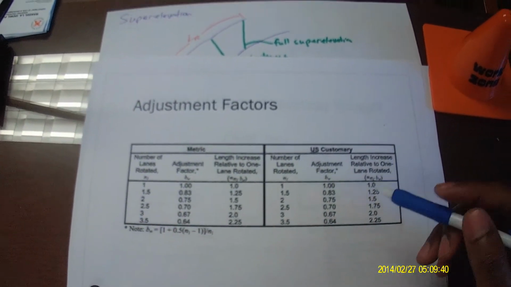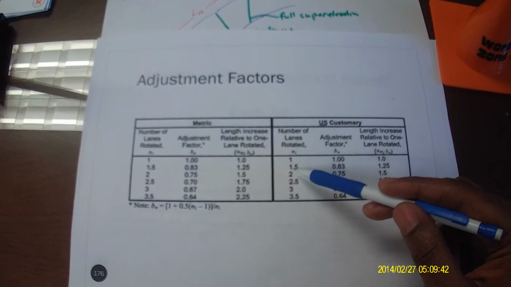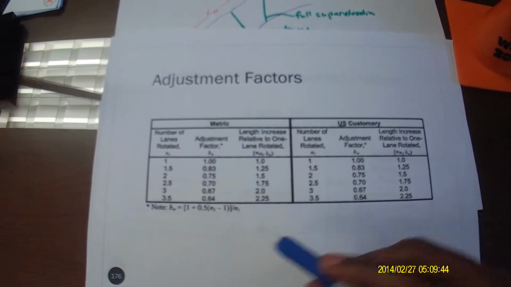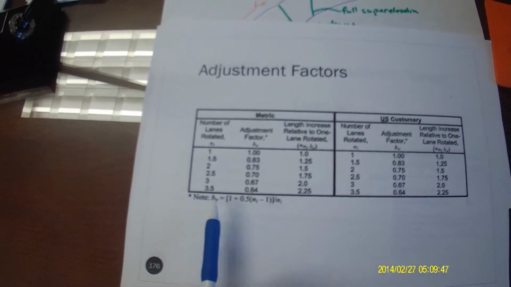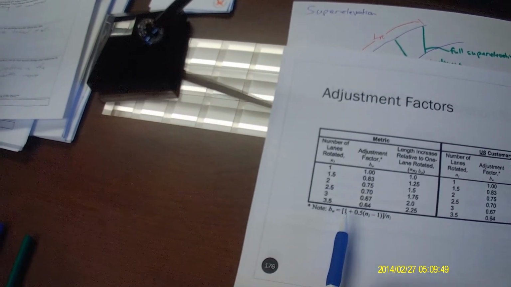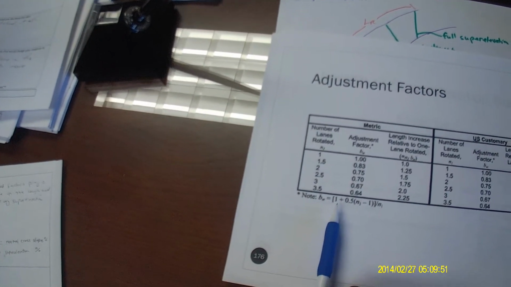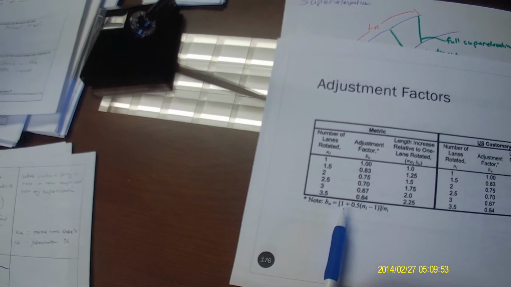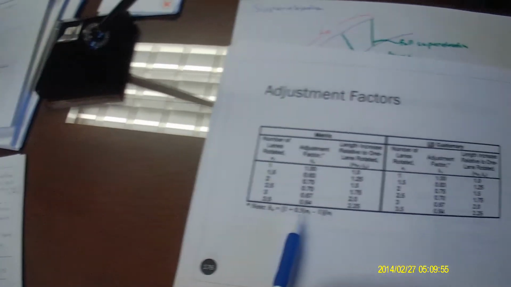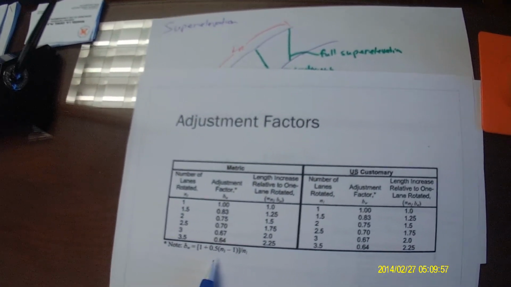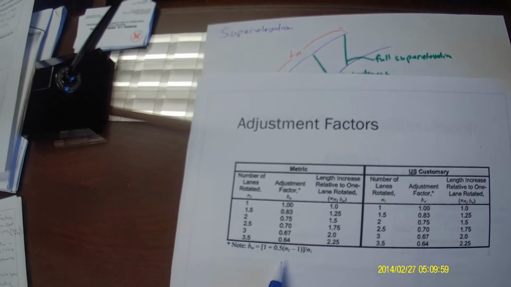Now some of you may be wondering, well, what if my number of lanes that I'm rotating is more than 3.5? Well, that's what you have this equation right here for. And that equation is your adjustment factor that you can use for any circumstance, no matter what you may be designing for.